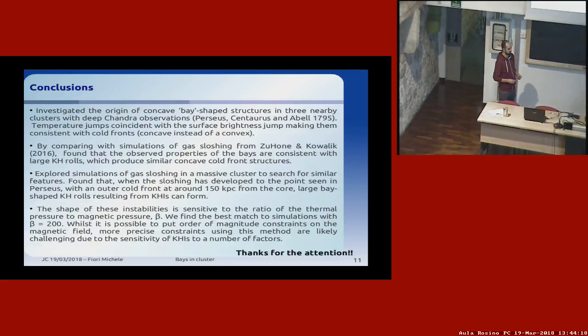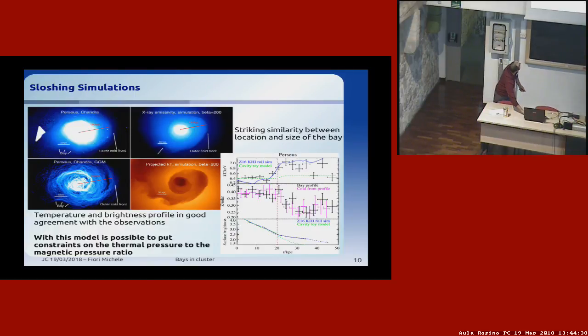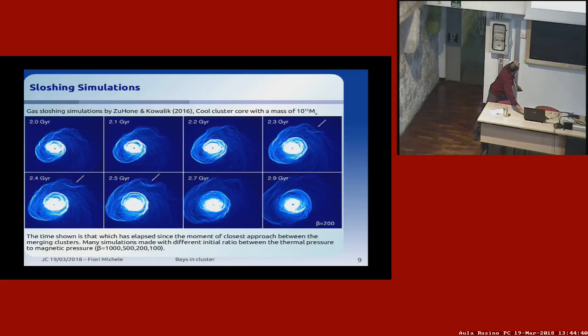Thank you, Michele. And questions? I have to confess my ignorance, but I find the language a little difficult to understand. When you talk about concave, and also when you talk about the Kelvin-Helmholtz rolls, what does concave actually mean, and what are the rolls?